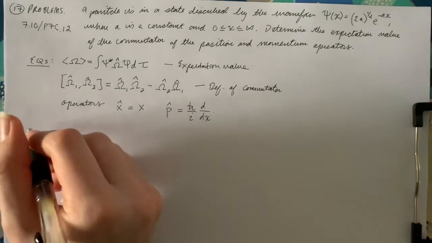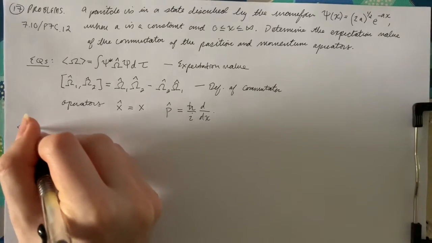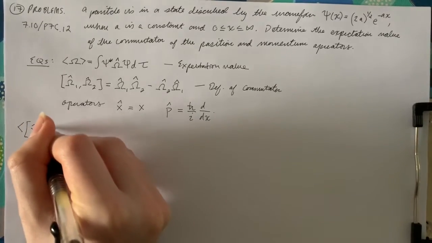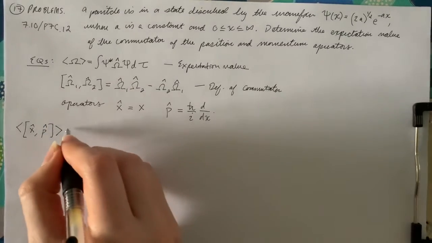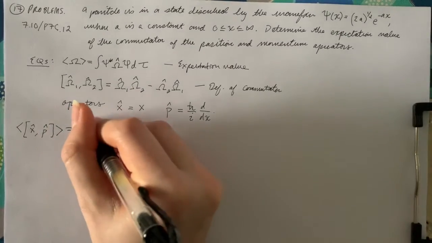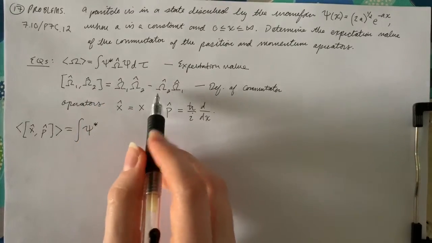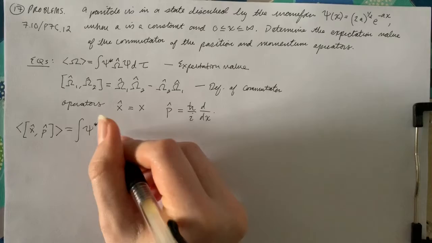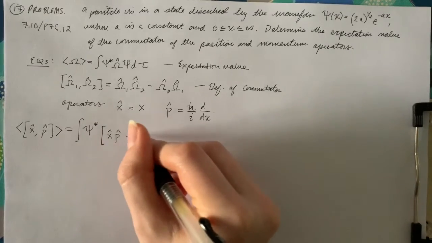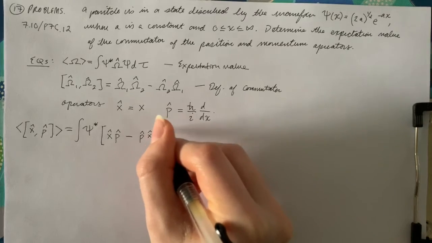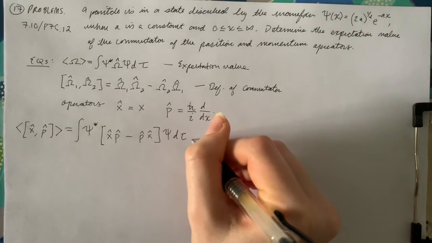So I'm going to write the expectation value of the commutator of the position and momentum operators equals the integral of psi star, other half of this, so we have position momentum minus momentum position, psi d tau.